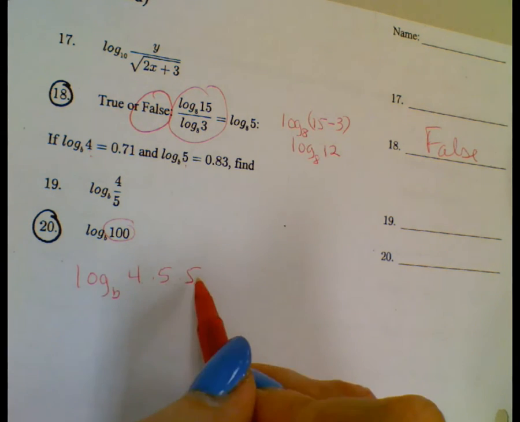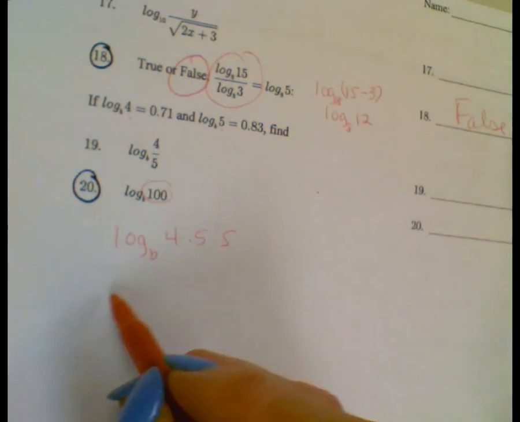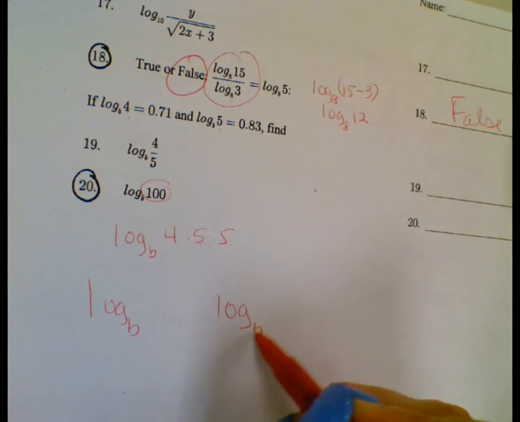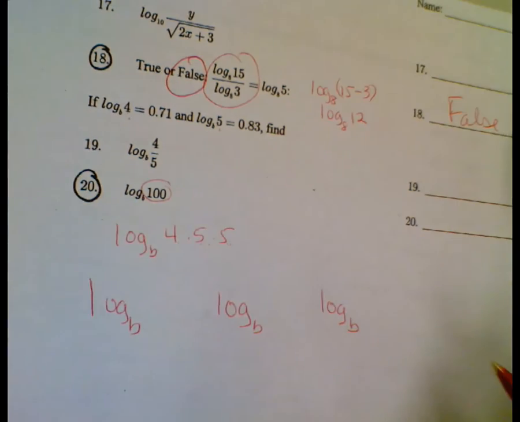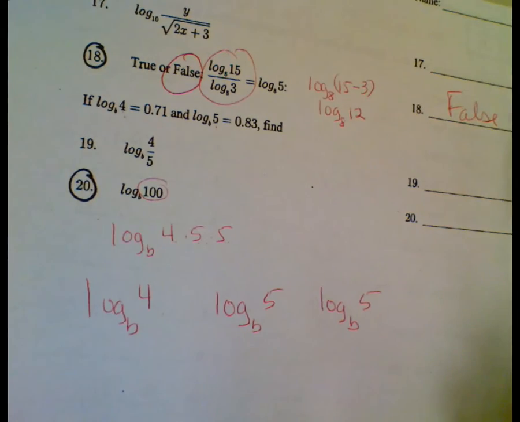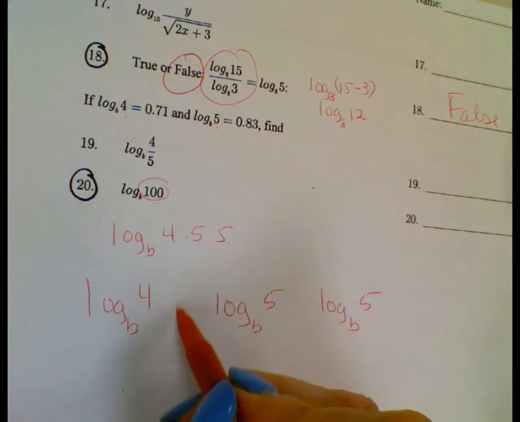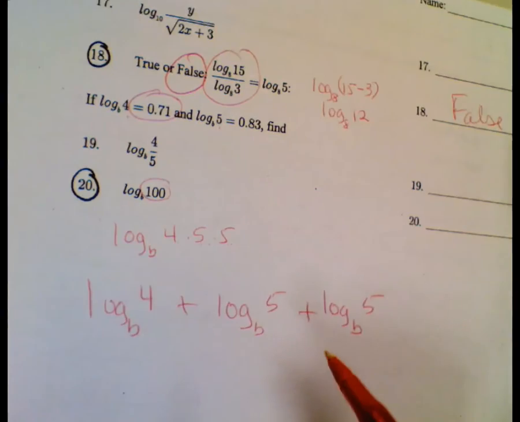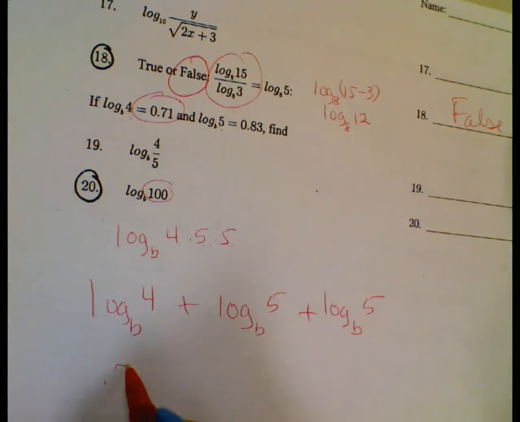So that's 3 factors, which means that we have to write log base b 3 times, because there's 3 factors. So it's 4, 5, and 5. You were multiplying everything, so everything's adding. And then log base b of 4 says right there is 0.71. So replace log base b of 4 with 0.71.